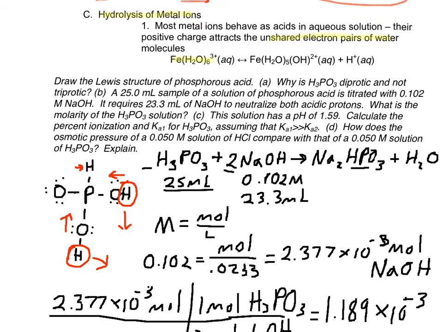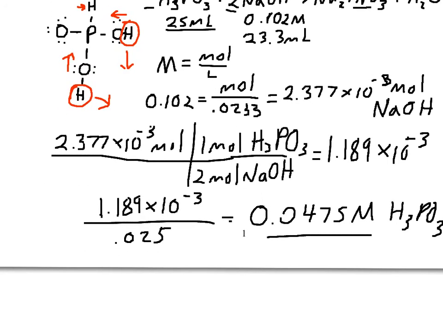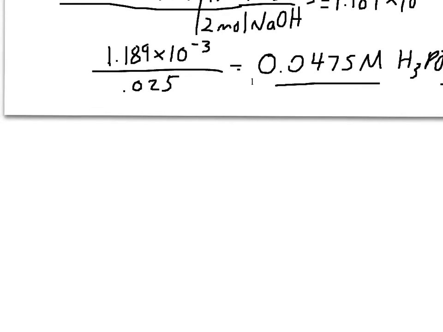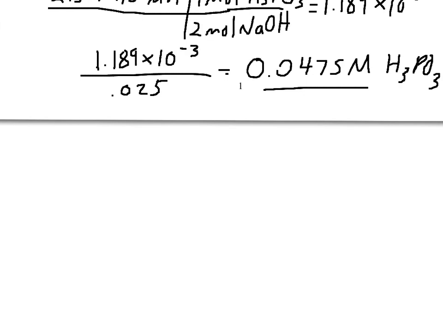Okay, so let's take a look at the next part of the question. It tells us the pH of the solution, and it wants us to find the percent ionization and Ka1 for H3PO3. We're assuming Ka1 is much, much larger than Ka2. So if it gives us pH, we should be able to find hydrogen concentration because we know our magic little pH equation.